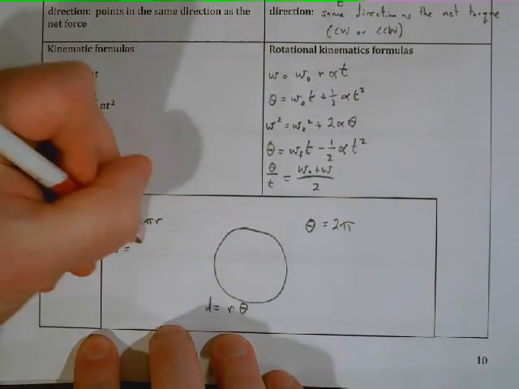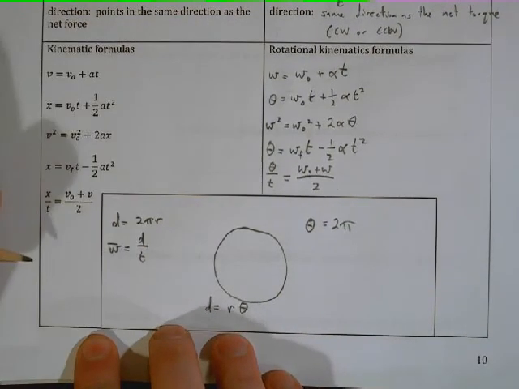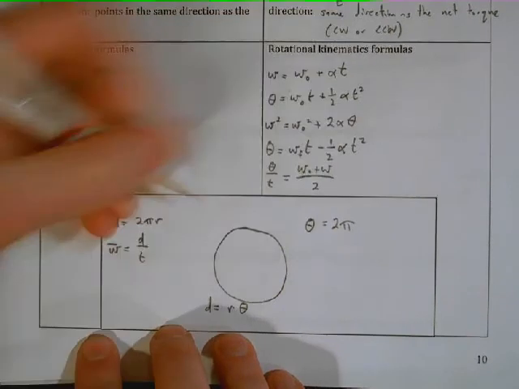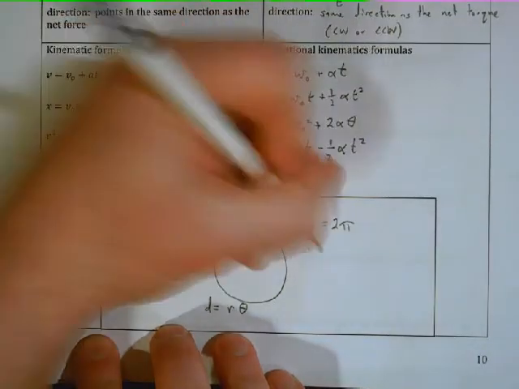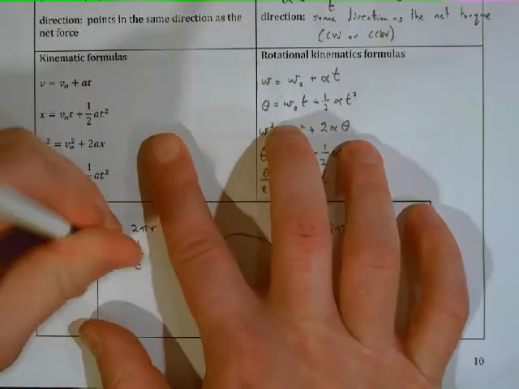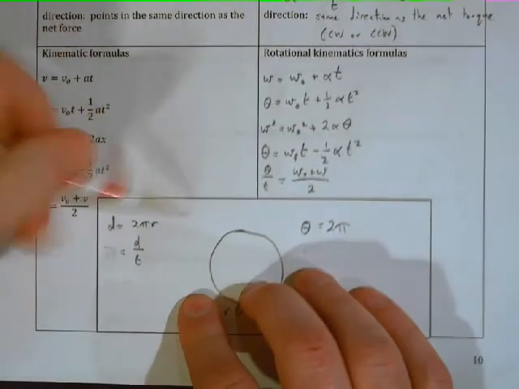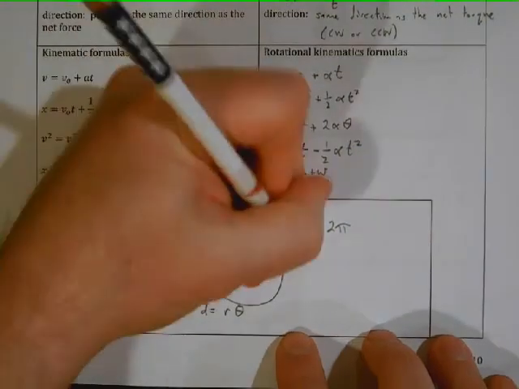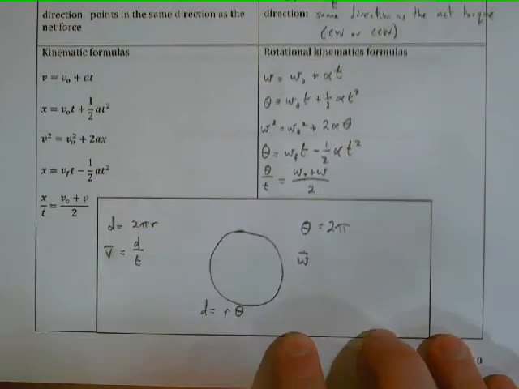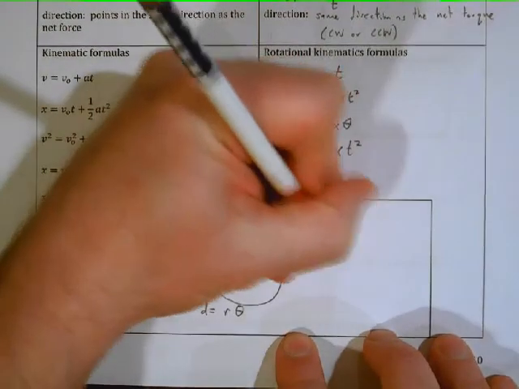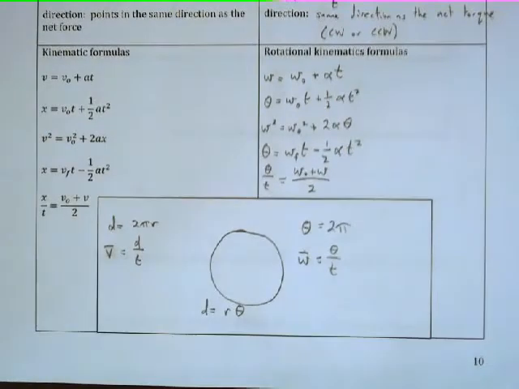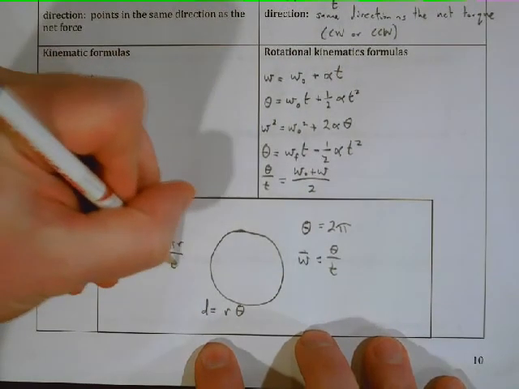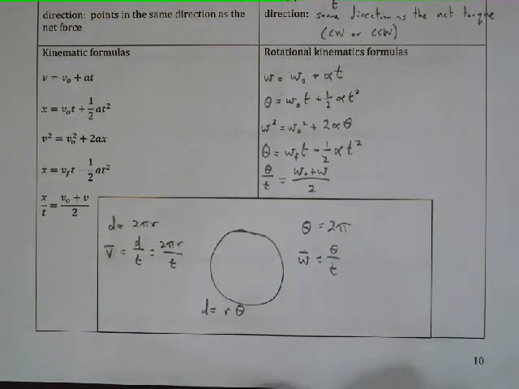Does everybody see that? Or theta times r, however you want to write it. Well, same difference. Average speed equals distance over time. Well, average angular speed is going to equal theta over time.